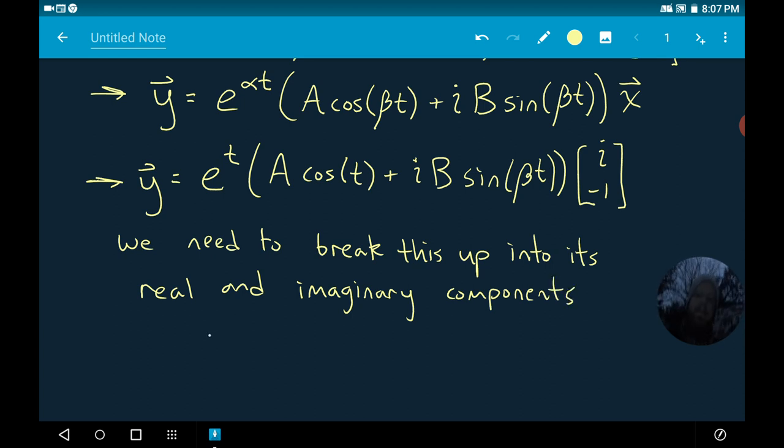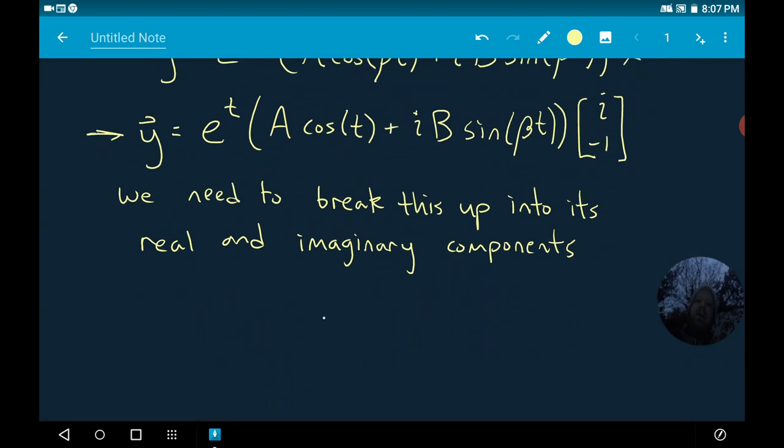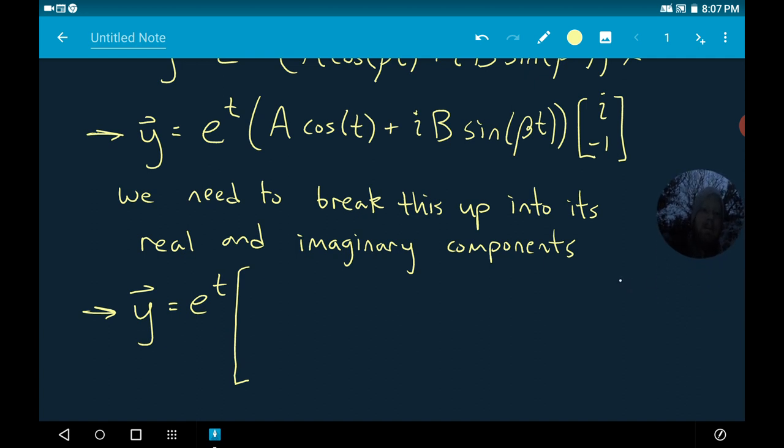So we're going to distribute this all around, and then we'll have our solution that we can break up into real and imaginary values. I'm going to keep this e to the t on the outside here and just make a big giant matrix here. Or this will really be a vector, right? This stuff times this vector.